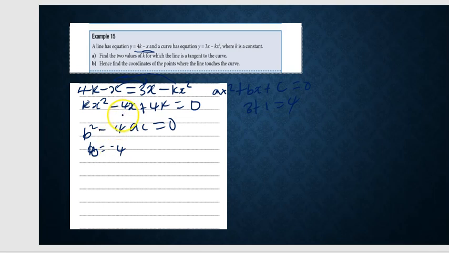So if we substitute, it becomes negative 4 squared minus 4ac. Our a is k, so multiply that by k, and multiply by c, which is 4k. So this is equal to 0.